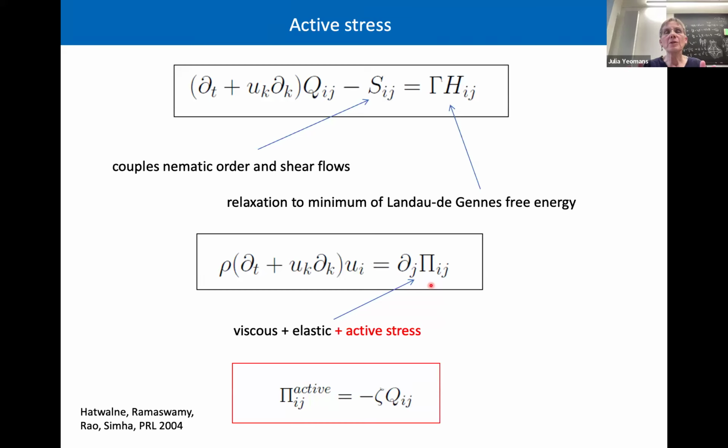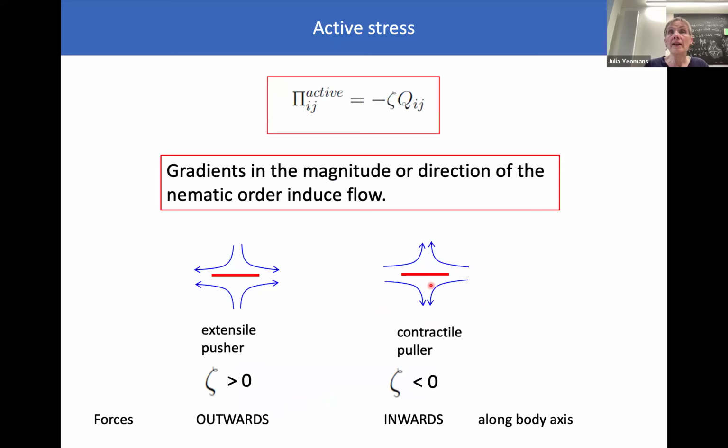If you had a load of swimmers which was perfectly ordered, you wouldn't get any active flows because you wouldn't have any gradients, but that soon becomes unstable. So really the punchline is that with this active term, gradients in the magnitude or the direction of the nematic order are going to induce stresses and lead to flows.